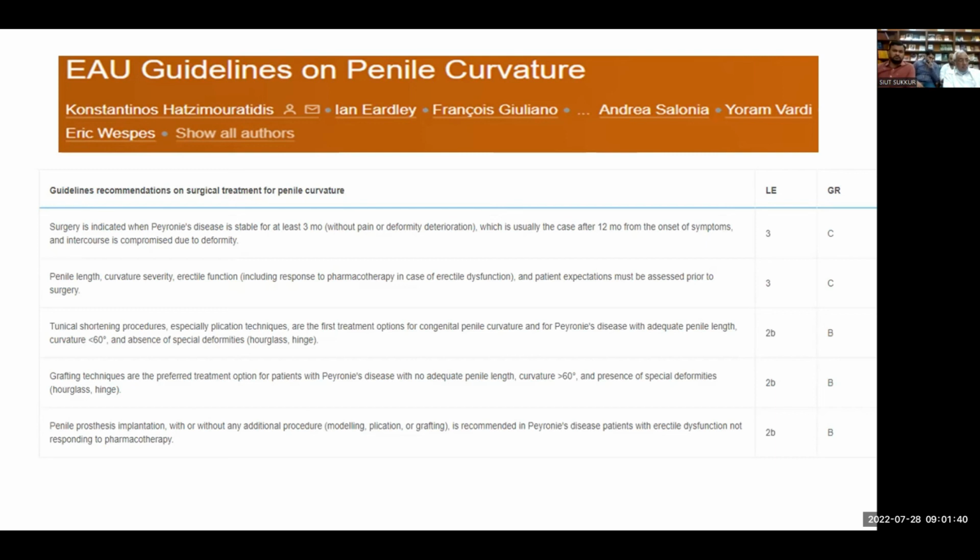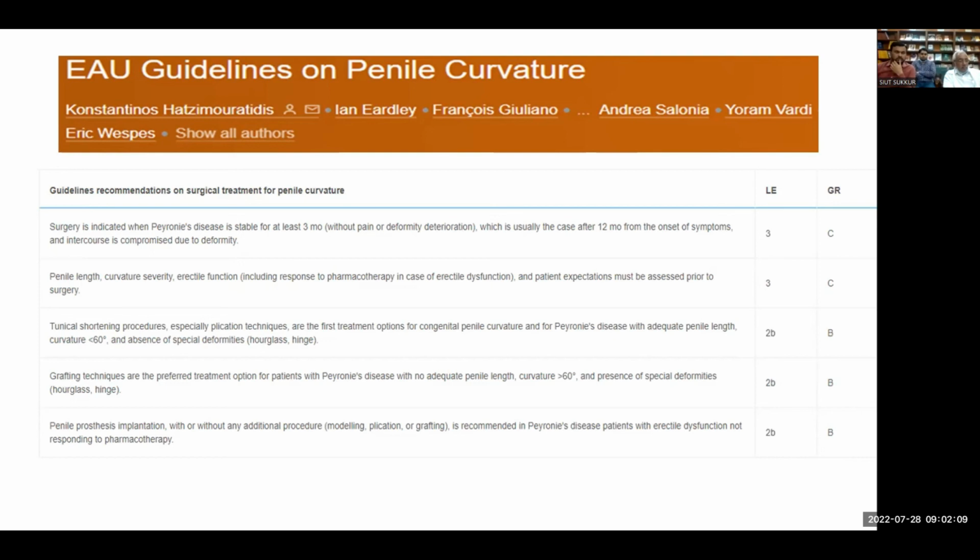Tunical shortening procedures, especially the plication technique, are the first treatment option for congenital penile curvature and for Peyronie's disease with adequate penile length. Grafting techniques are the preferred treatment option for patients with Peyronie's disease with inadequate penile length, if the curvature is more than 60 degrees, or with the presence of special deformities.